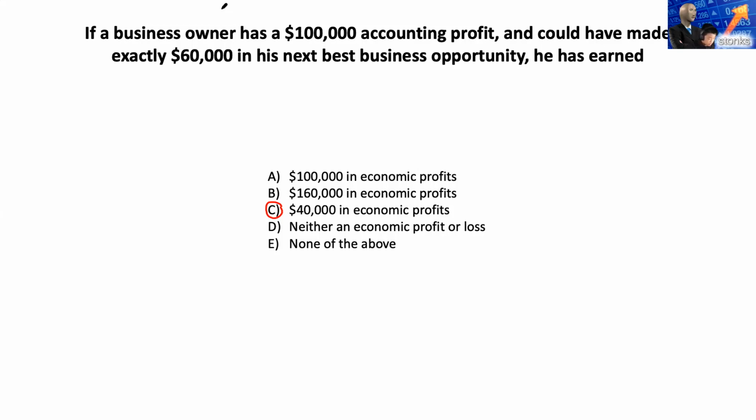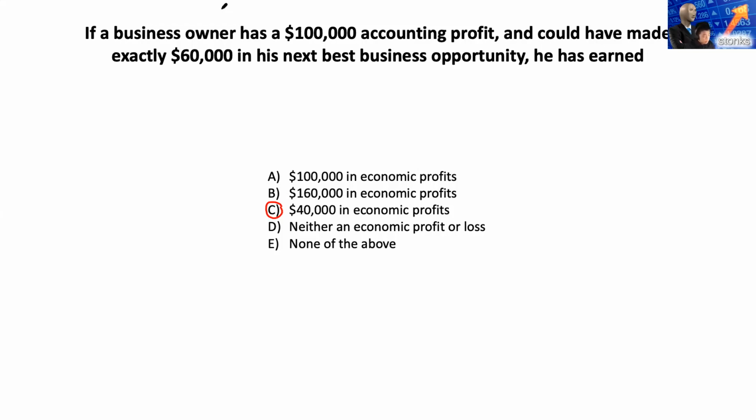So economic profit equals total revenue minus explicit and implicit costs, and accounting profit equals revenue minus explicit costs. So for accounting profit, implicit costs are opportunity cost.